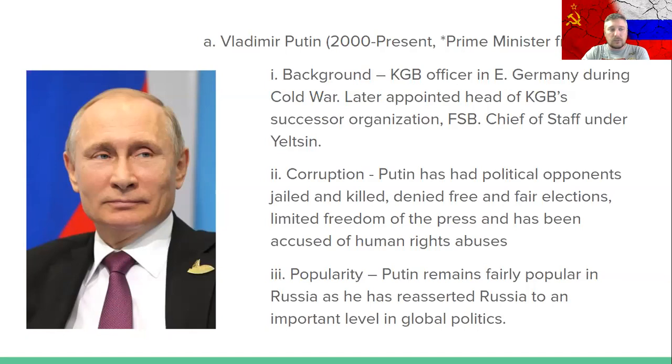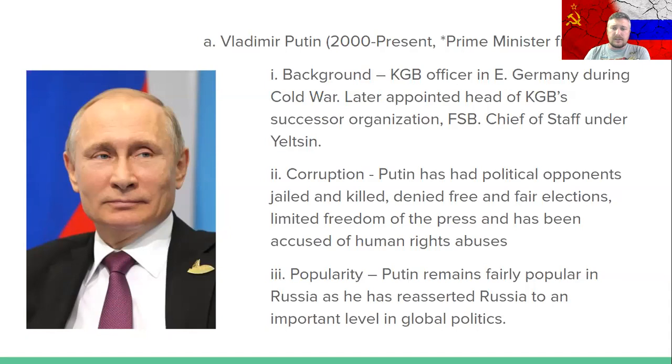He would really get into high-level politics when Boris Yeltsin, who's really the first president of Russia, made him chief of staff. Yeltsin had a lot of personal issues that he dealt with, and Vladimir Putin was right there behind the scenes, once again, pulling strings, as you can imagine.